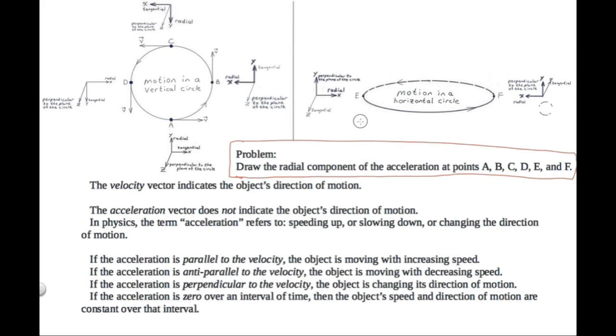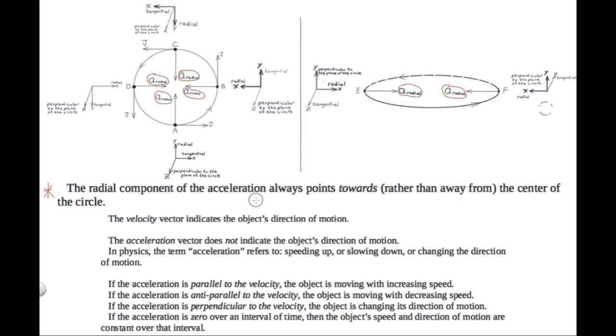Here's the answer. The radial component of the acceleration always points towards, rather than away from, the center of the circle. So we can draw the radial components of the acceleration as I've shown here and here. Now, what is the meaning of the radial component of the acceleration?